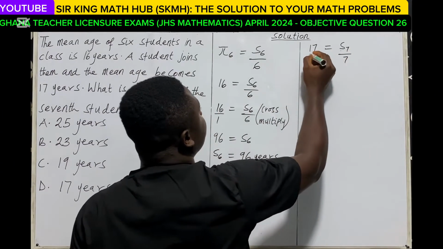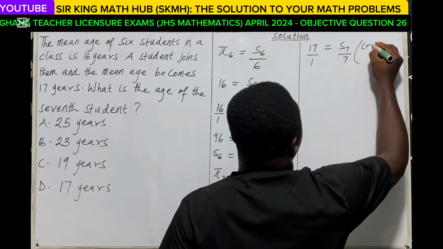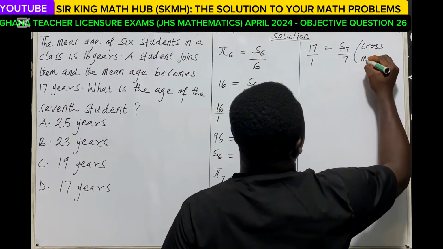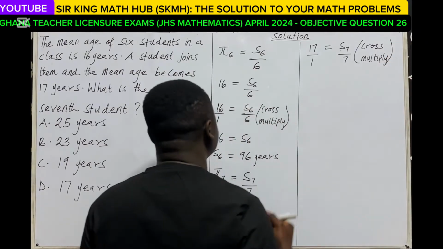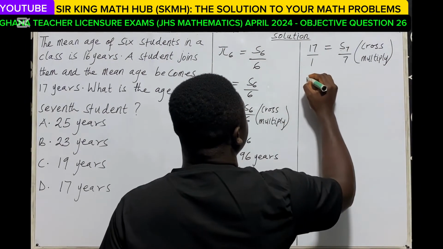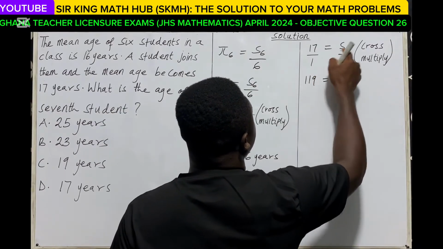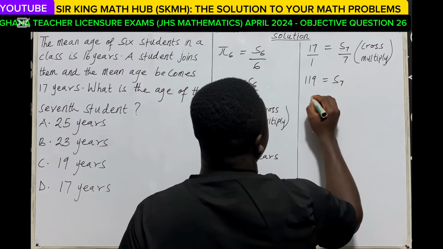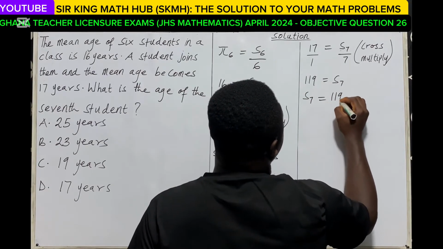Again, 17 can also be written as 17 over 1. Since we are looking for sum of 7, we can cross multiply. So what is 17 times 7? We have 119, and then 1 times sum of 7, we have sum of 7. So sum of 7 is 119.